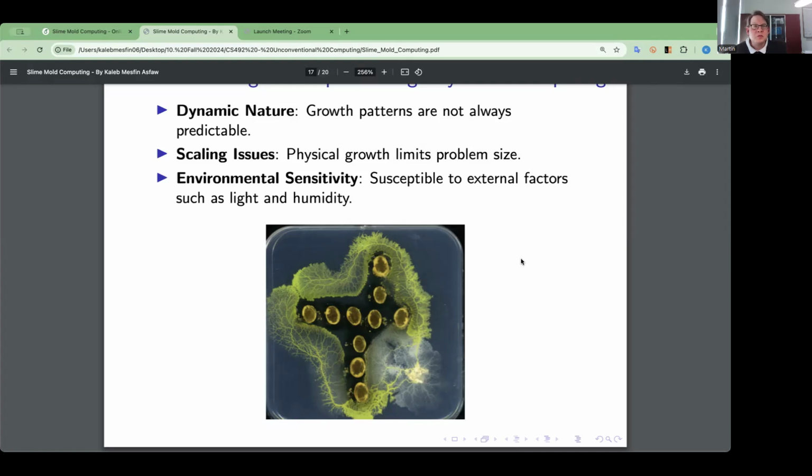And similarly, for slime mold computing, but also for molecular logic, I like yesterday's talk, it parallelizes very well, right? You can have hundreds or thousands of these Petri dishes operate simultaneously. That's one obvious way.